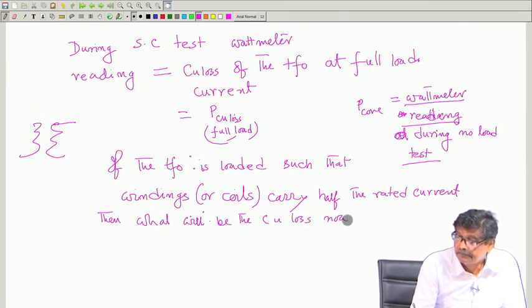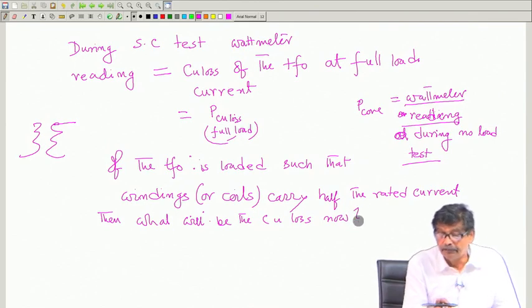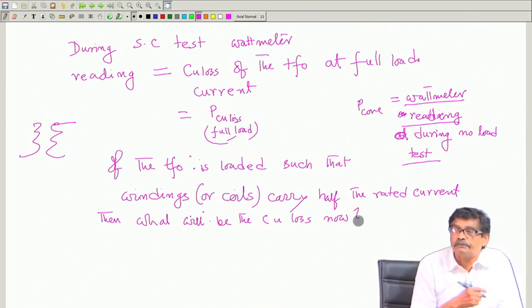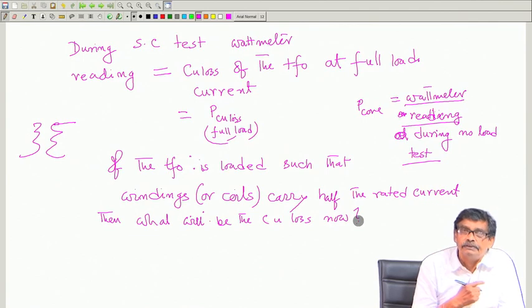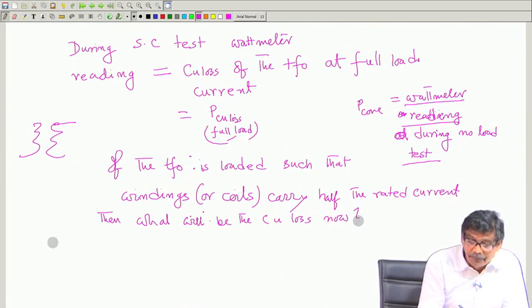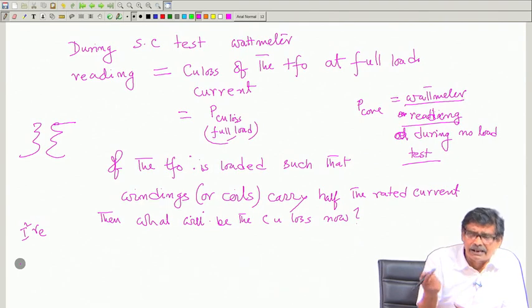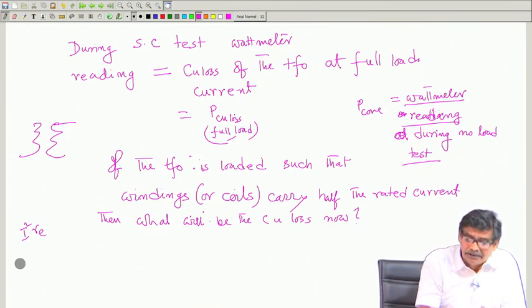Now, in terms of this full load copper loss, how much will it be? After all, copper loss is some I squared into R_e. It is I1 squared R_e1 or the same as I2 squared R_e2. I will not separately calculate I1 squared R1 plus I2 squared R2.